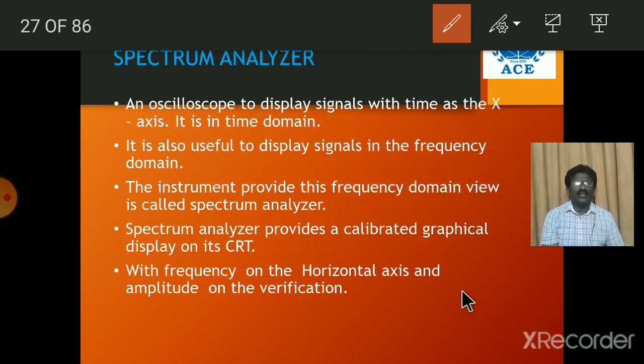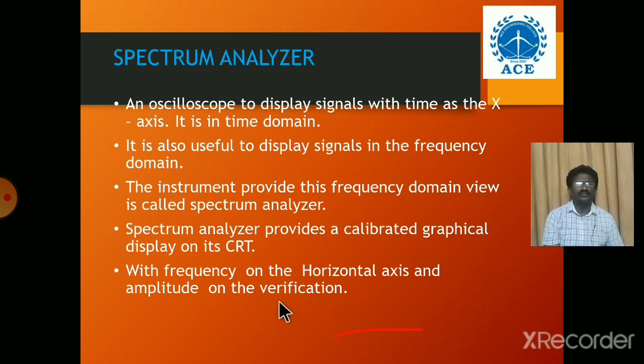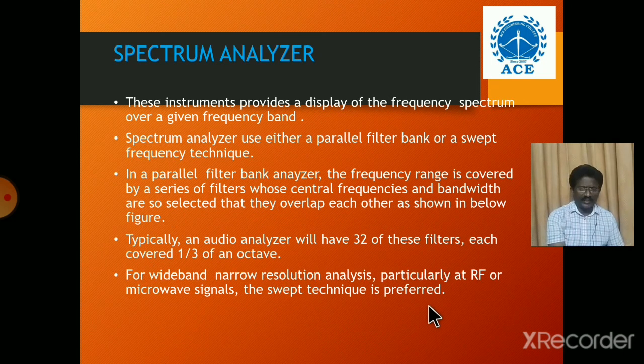A spectrum analyzer provides a calibrated graphical display on the CRT, with frequency on the horizontal axis and amplitude on the vertical axis. So a spectrum analyzer provides a display of the frequency spectrum over a given frequency band.